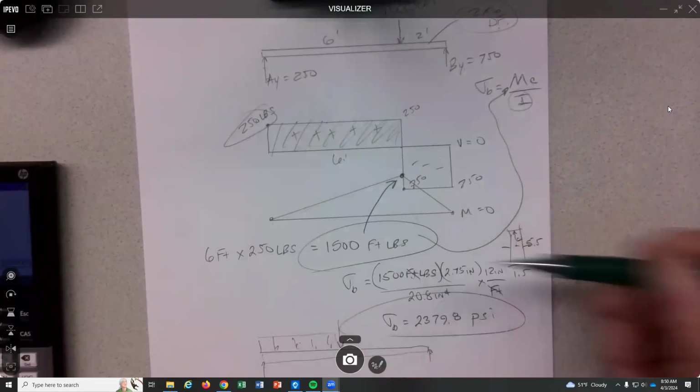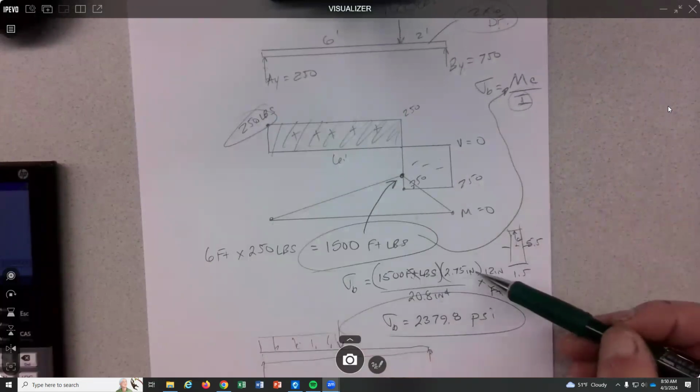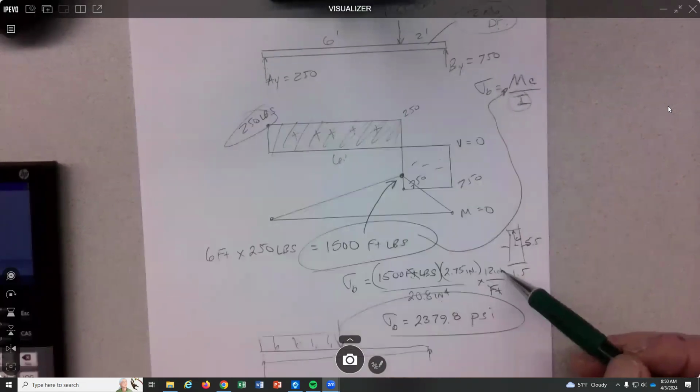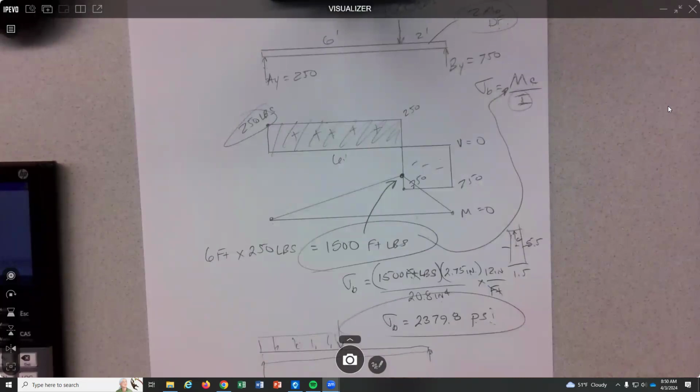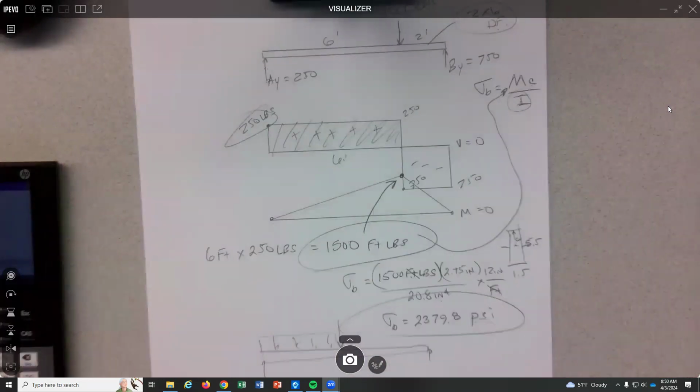So pounds are left here. We have inches above and inches above. So inches squared above, inches to the 4th below, pounds per square inch.